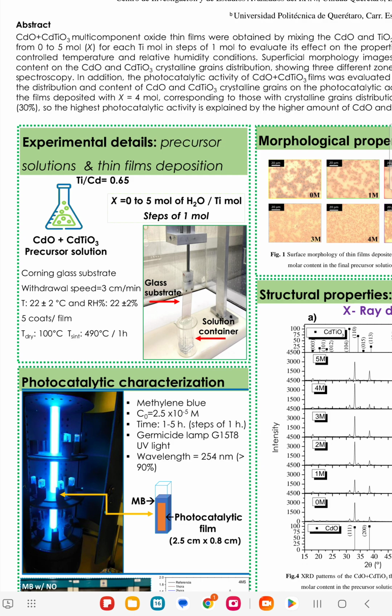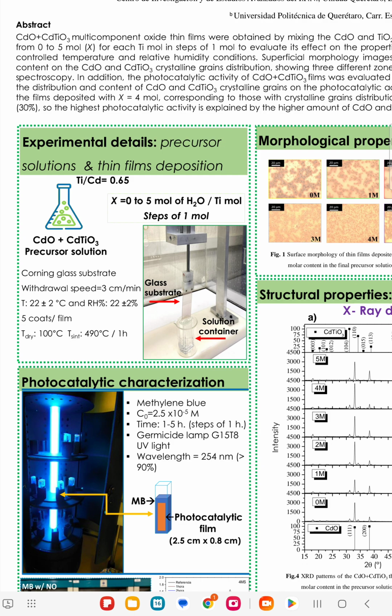The films were deposited from these precursor solutions, once they reached room temperature, on glass substrates by dip coating at 3 centimeters per minute withdrawal speed. The deposition was made under controlled relative humidity and temperature, introducing ice inside the depositing chamber.